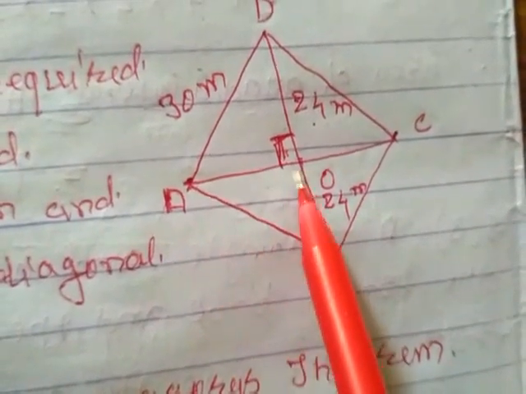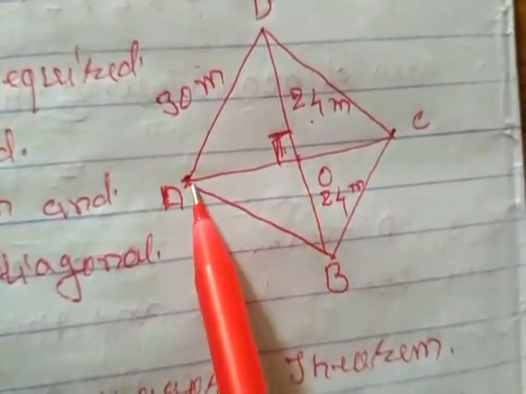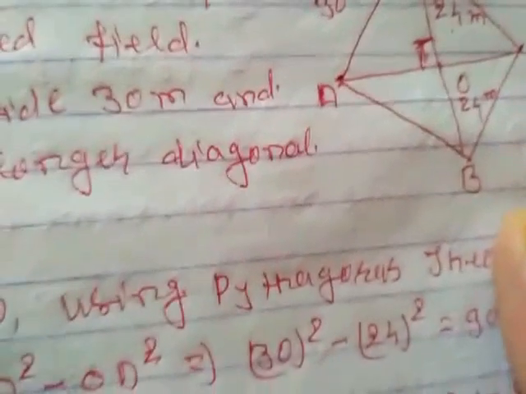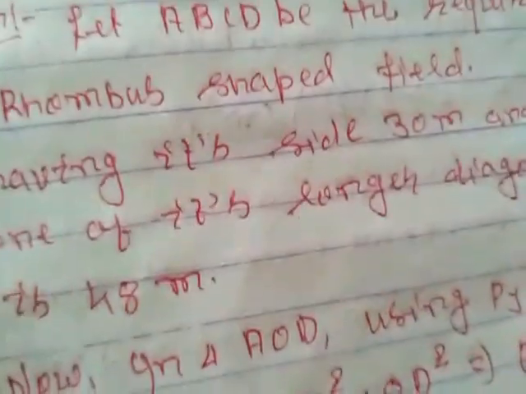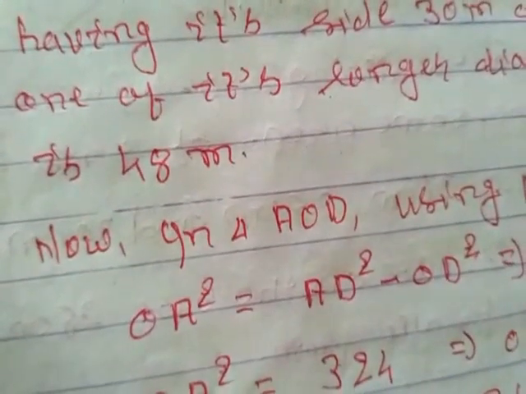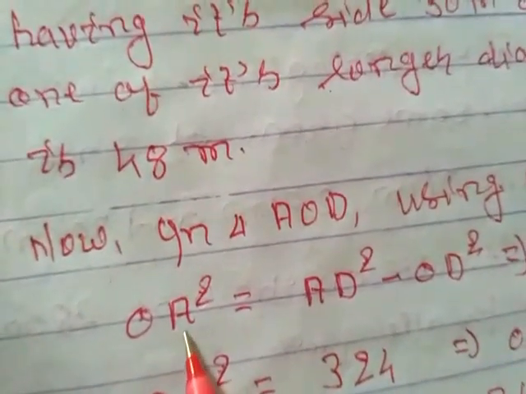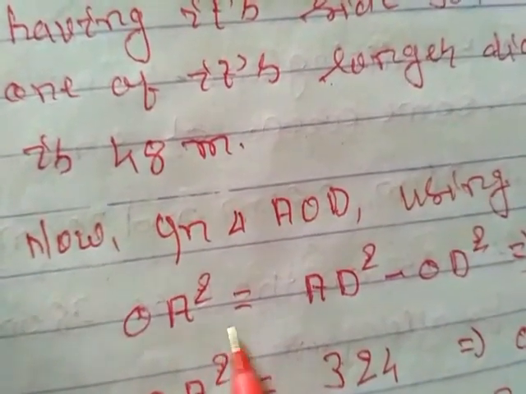In triangle AOD, OA square equals AD square minus OD square.